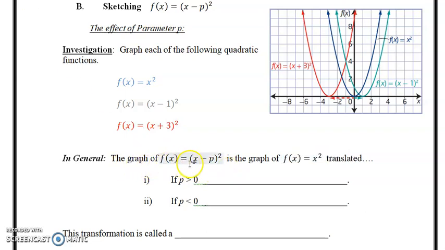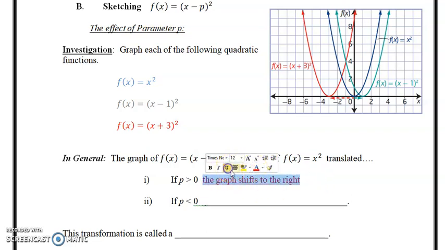So when we have the graph of the function x minus p squared, it is the graph of the parent graph, or the base function, f of x equals x squared, and it's translated. Remember, if the p value is greater than 0, the graph shifts to the right. This is important: p is equal to 1 here, not negative 1, because the original is subtract p.